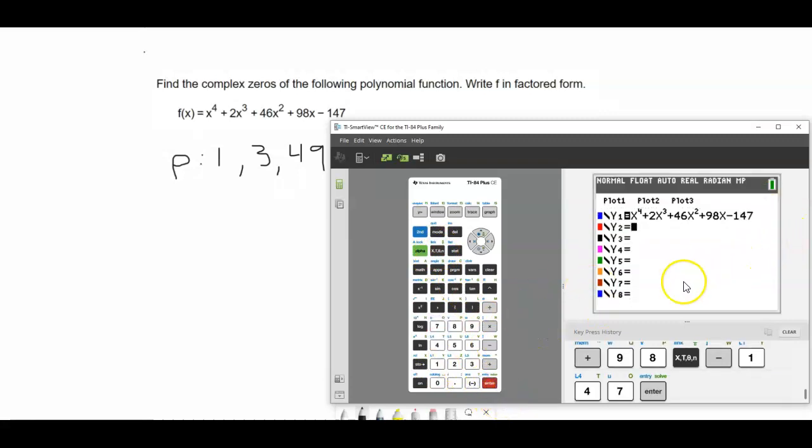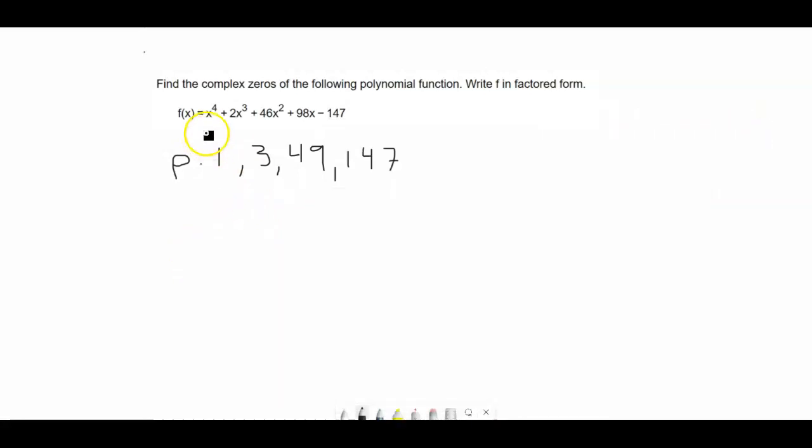Okay, now that I have that in there, let's go ahead and do this first. I'm going to find my q. Remember, q is all the factors of the first coefficient. So in this case, it would be the coefficient in front of the x to the fourth term, which is just 1. So it'd be plus or minus 1.